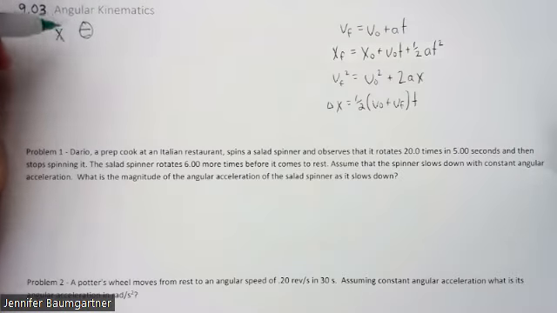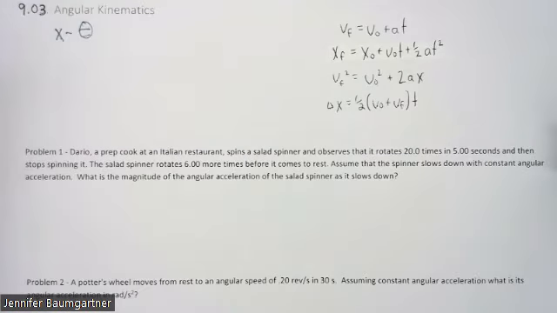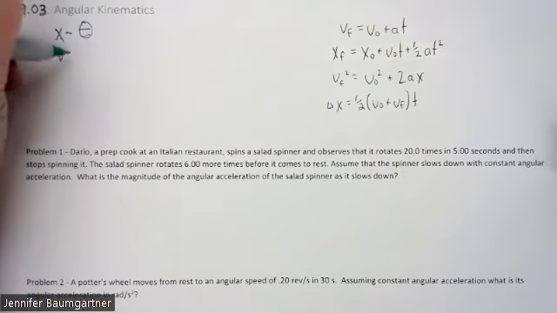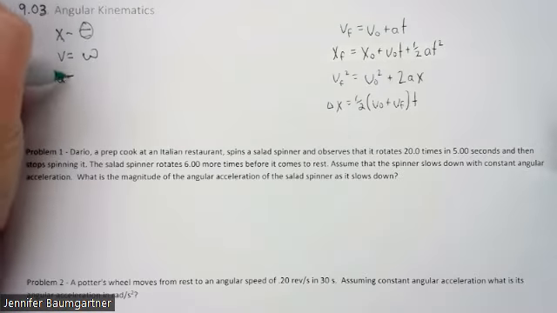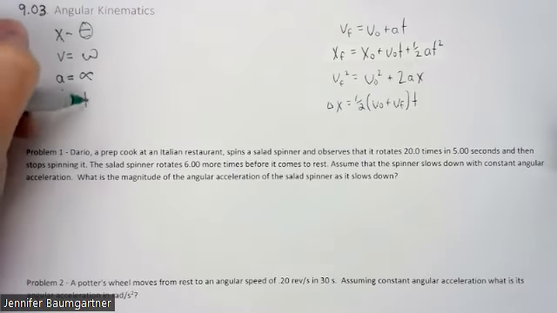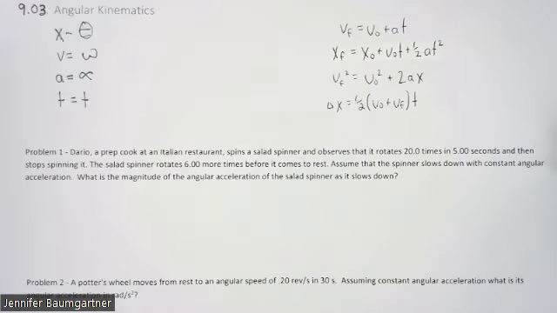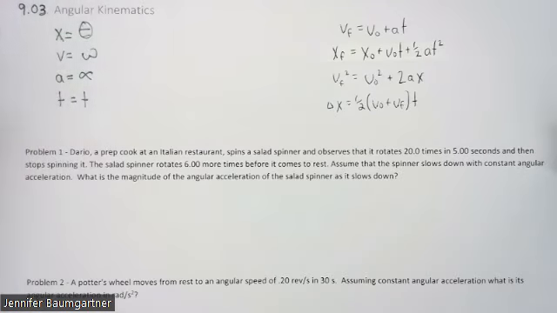X becomes theta, and if you think about it, that makes sense. If you're going in a circle, a lot of times you'll talk about degrees in a circle, and the symbol for degree is theta. Instead of velocity, we'll use what looks like a cursive W, and this is omega. Instead of acceleration, we'll use alpha, and time stays the same. Time is just time. So again, x becomes theta, v becomes omega, and a becomes alpha.